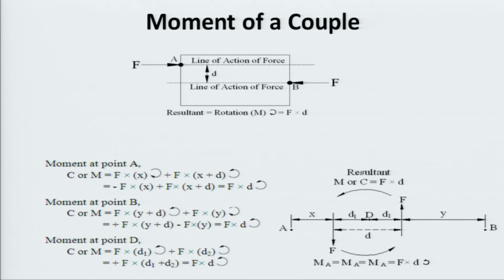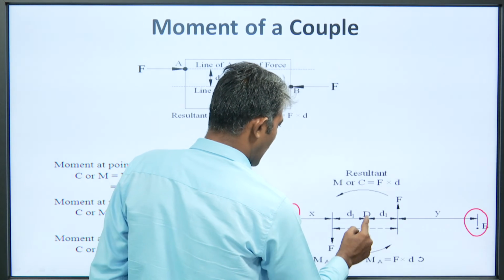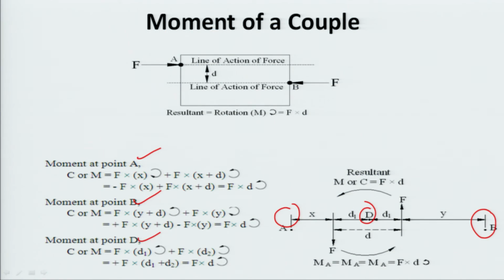Suppose three different points have been taken, point A, point B and point D, and the moment at these three points is the same, F into d.